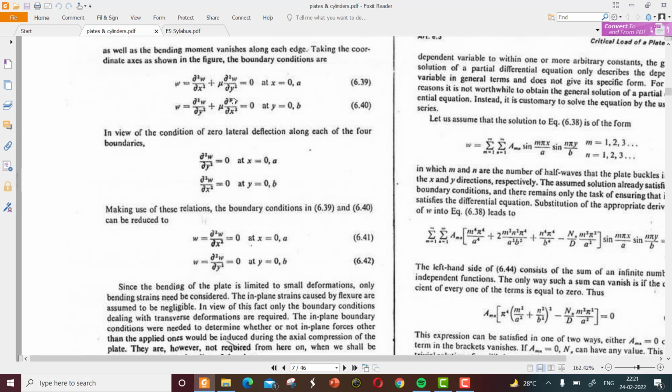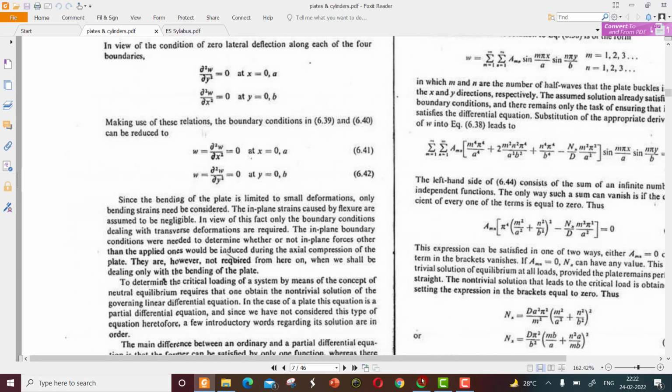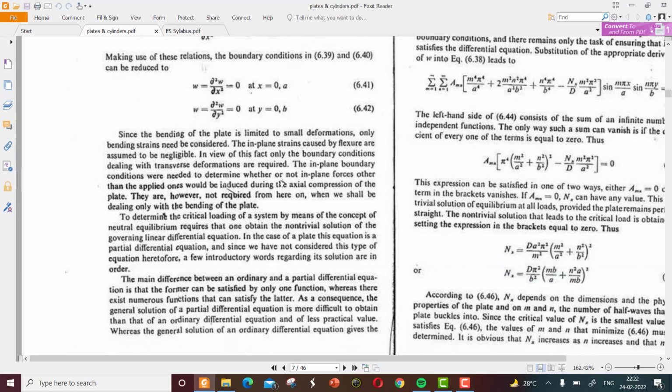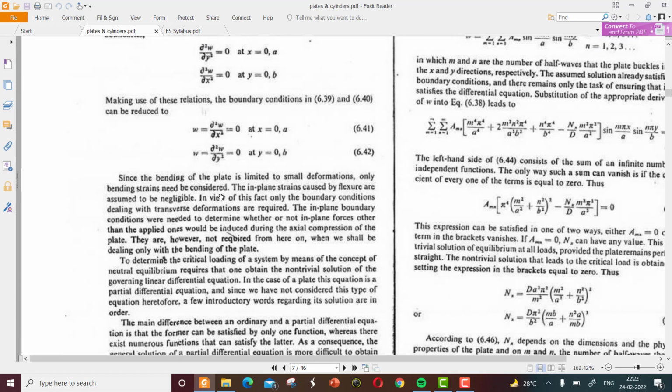And based on these boundary conditions, making use of these relations, the boundary conditions in equations 6.39 and 6.40 can be reduced by applying these two equations to get w equal to ∂²w/∂x² equal to 0 at x equal to 0, and w equal to ∂²w/∂y² equal to 0 at y equal to 0.